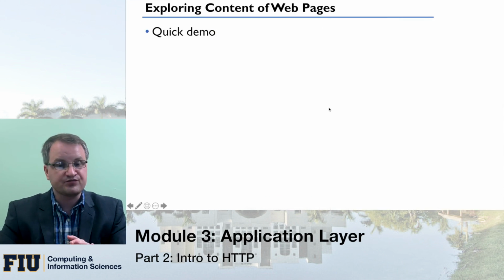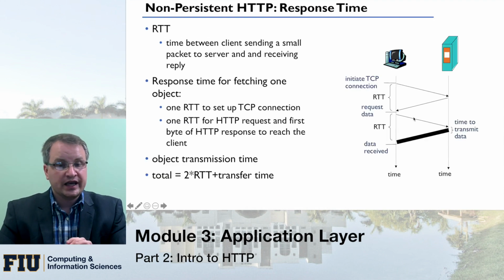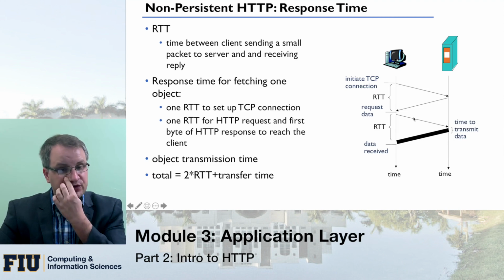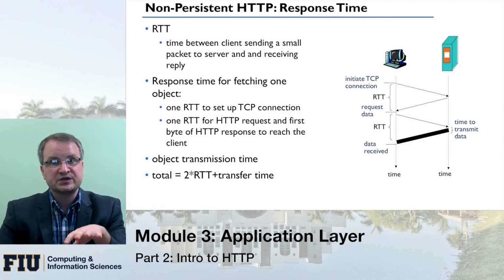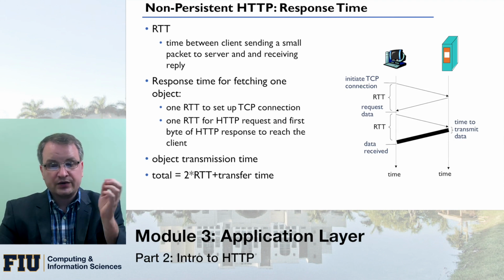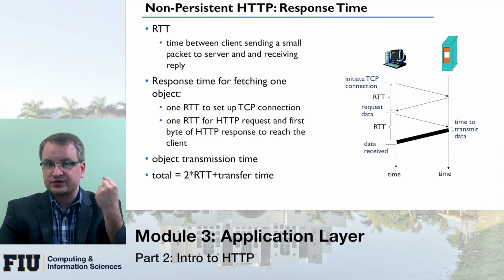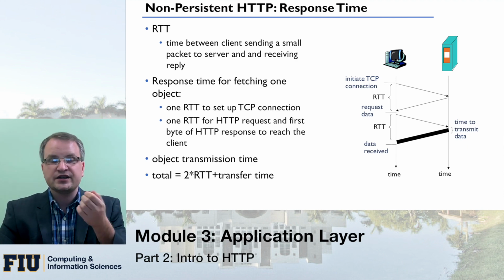Okay, so that was the end of our quick demo. And just to give you a few more ideas about non-persistent connections and the problem with non-persistent HTTP. The problem does not really exist when we have to request a single object, but as I mentioned in the beginning and just highlighted with my example, today's web pages are not a single object. They usually contain tons of objects.